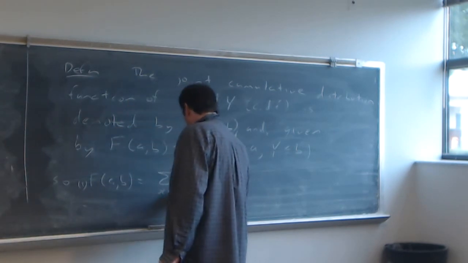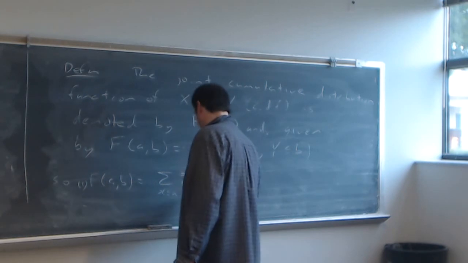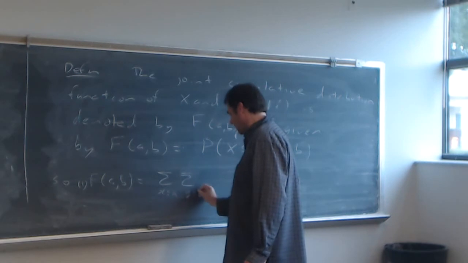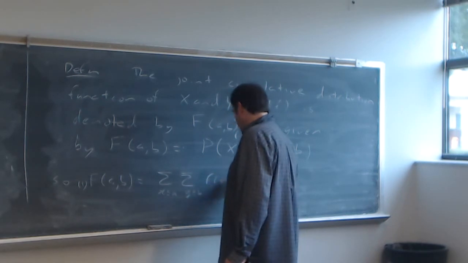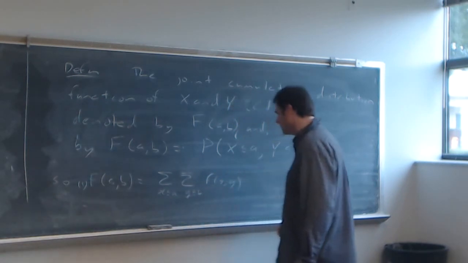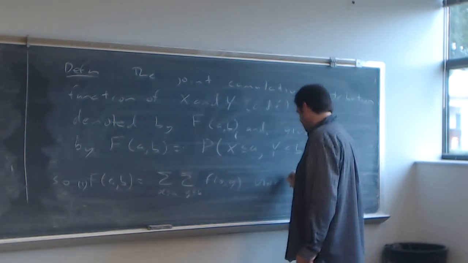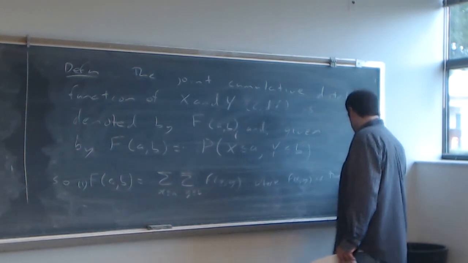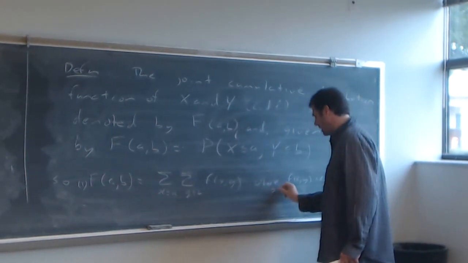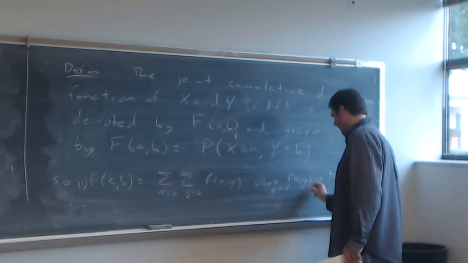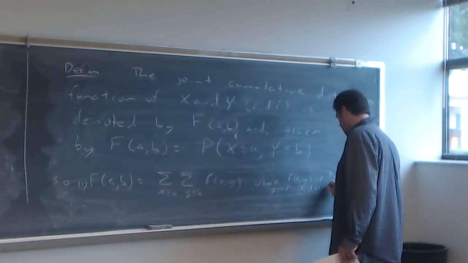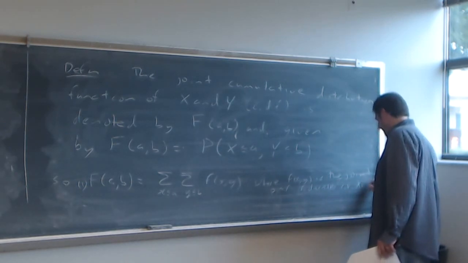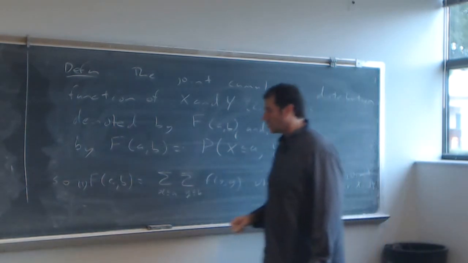The first sums over all x values that are less than or equal to A, and the second sums over all the y values that are less than or equal to B, of f of x comma y, where f of x comma y is the joint PMF of discrete random variables x and y.